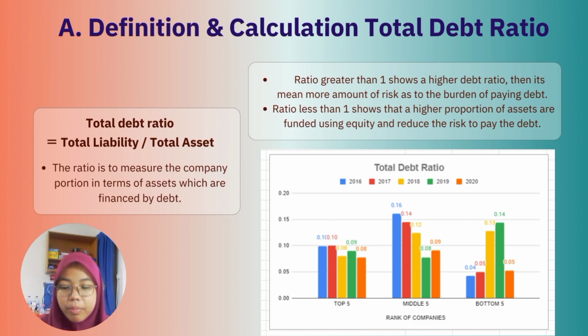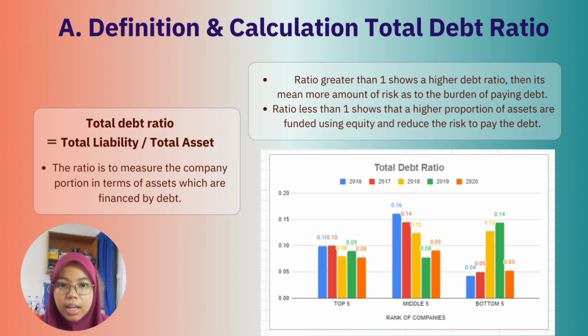For the bottom 5 companies, we can see that in 2019 it has the highest total debt ratio, but during COVID-19 the total debt ratio became lower and also less than 1, which means a higher proportion of assets are funded using equity, reducing the risk to pay the debt.